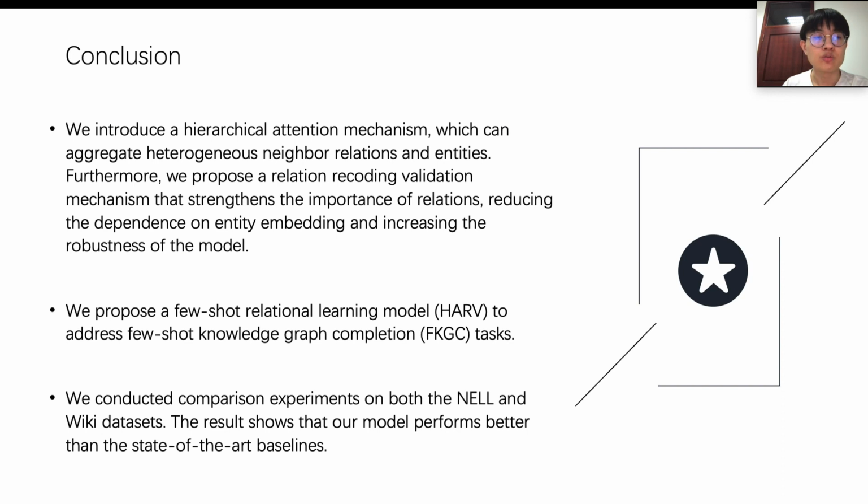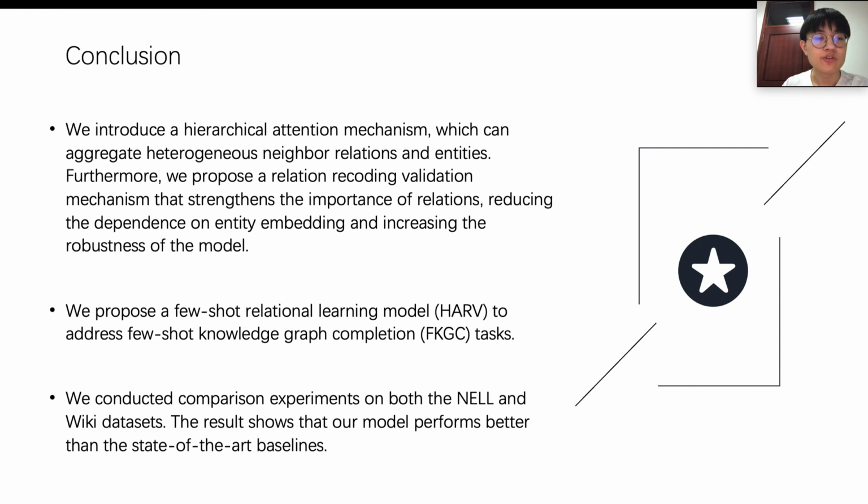Finally, we come to the conclusion. At first, we introduce a hierarchical attention mechanism, which can aggregate heterogeneous neighbor relations and entities. Furthermore, we propose a relation recoding validation mechanism that strengthens the importance of relations, reducing the dependence on entity embedding and increasing the robustness of the model.